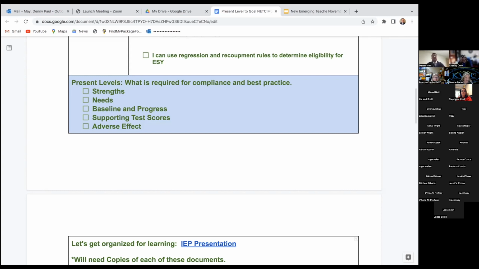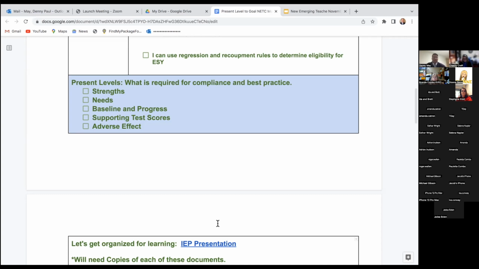Now, sometimes you're going to have a lot of information in one particular area. If you're working on academics, the strengths are going to be drawn from what the student's skill level is, and what those skills are up to the point of their current level of functioning. And their current level of functioning is going to be documented by baseline.